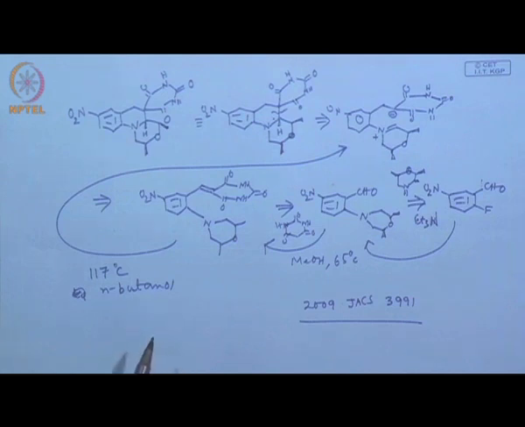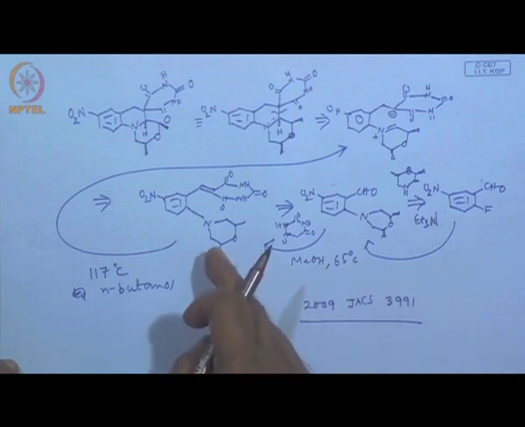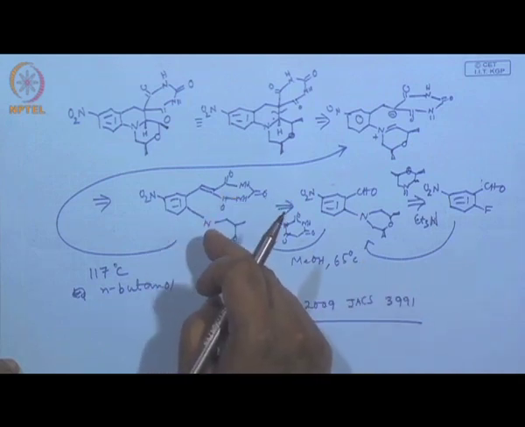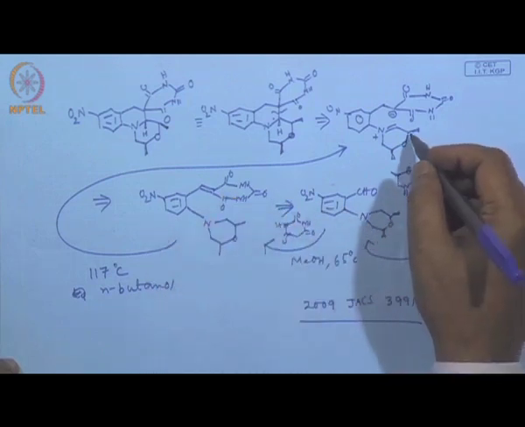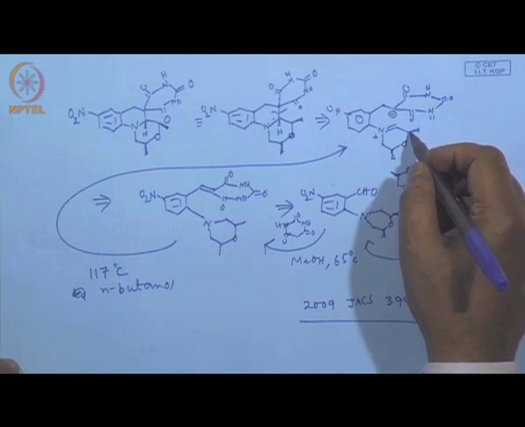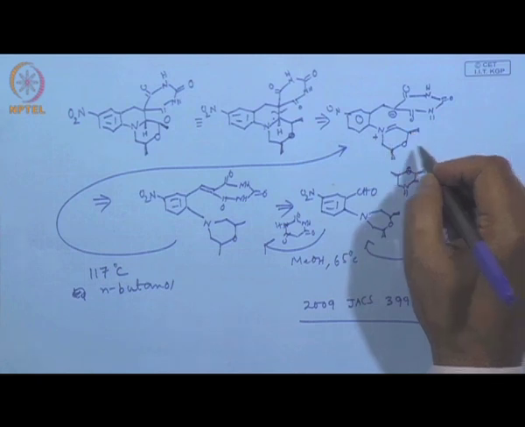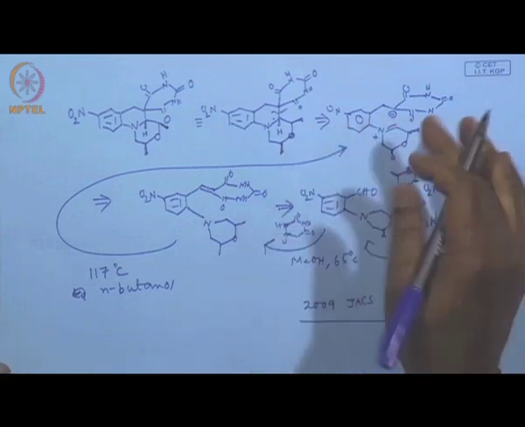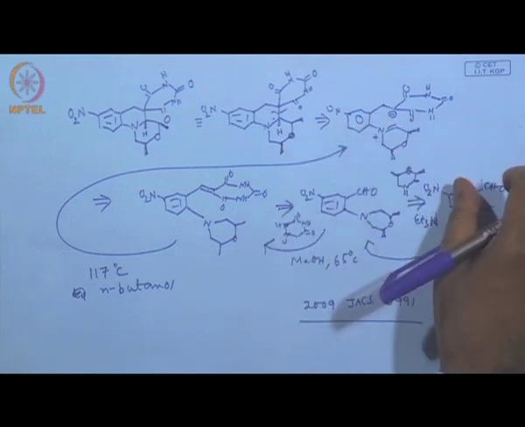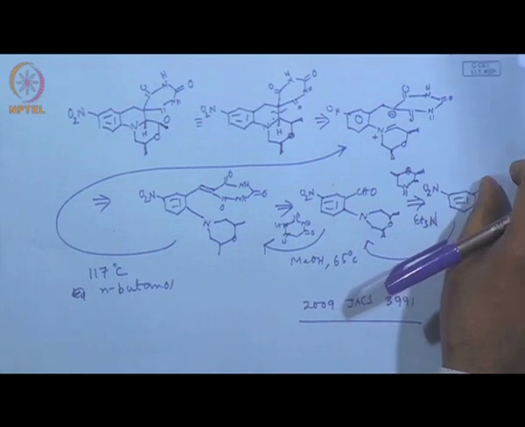Probably I won't be able to tell you at the moment, but if you go to the original paper, what you will find, if you keep on heating in a different kind of solvent, this isomerization takes place in the methyl group. Possibly, I have forgotten, some isomerization takes place. That is also another aspect why the paper was accepted in JACS.